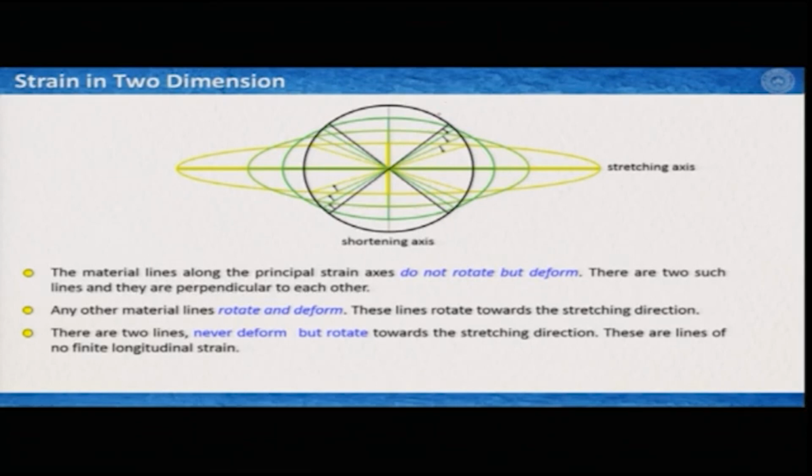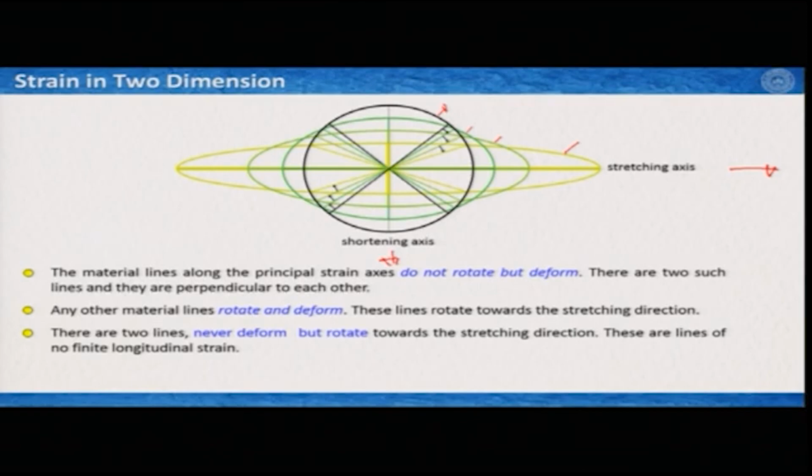So, this black circle is your initial undeformed strain ellipse or strain circle, and then slowly this green, light green and even lighter green are different progressive stages of shear deformation. This is your stretching direction, and this is your shortening direction.